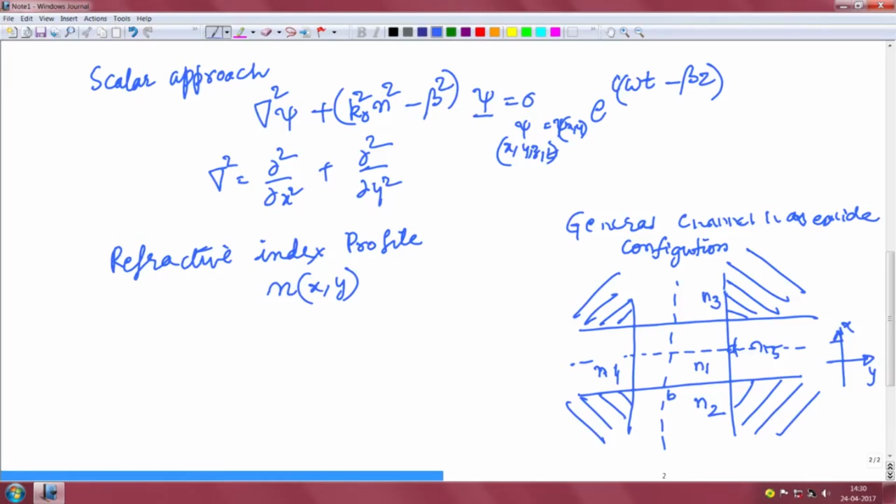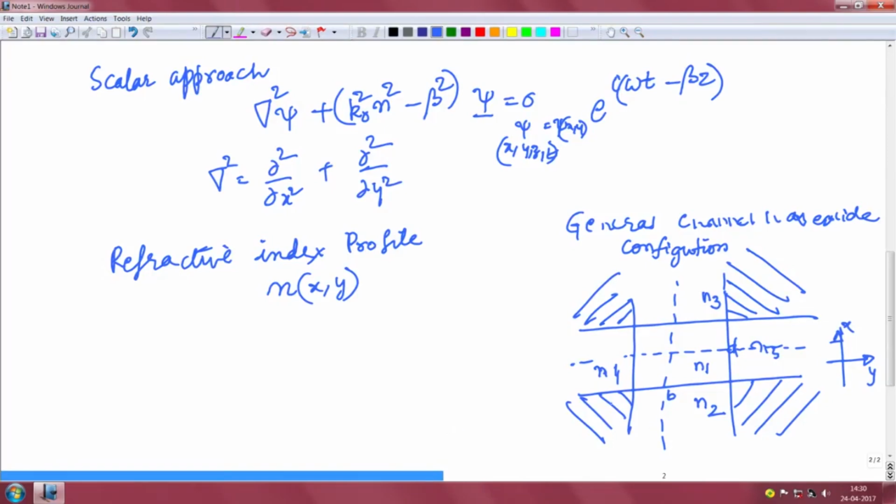Taking a clue from the earlier discussion about symmetric and asymmetric slab waveguides, we can express the fields to be oscillatory in the guiding region and exponentially decaying in the substrate and cladding regions. But then you have a complication that it is a function of two variables.